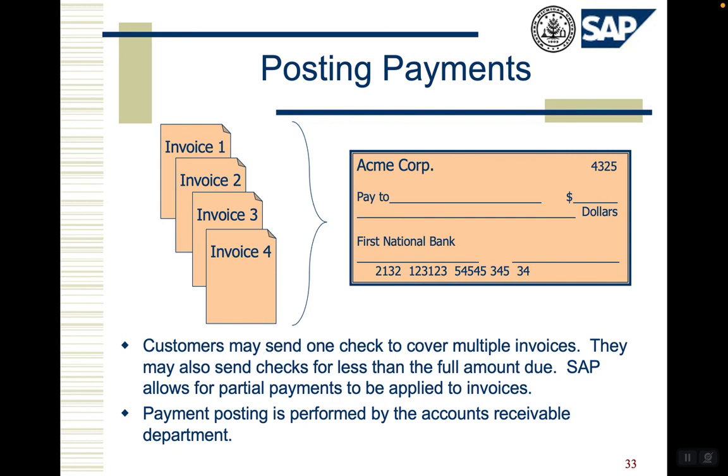A lot of times organizations will define some sort of rule around how much leeway can be given for short pays. And if it's outside of that, then what do you do? That actually creates a whole other process to be executed.